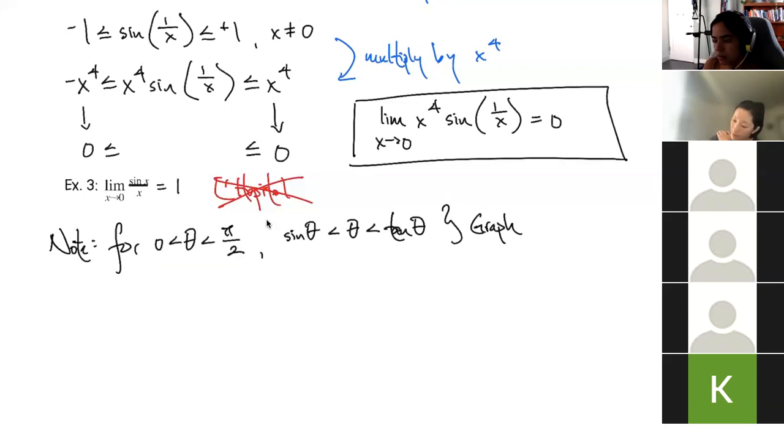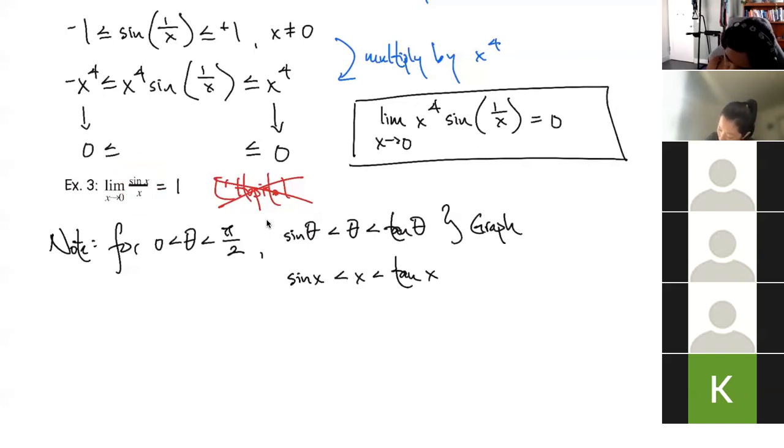But if we have this statement, that's actually where we're going to start. Because we have x's in our problem, I'm going to rewrite this with x's. So sine x is less than x is less than tangent x. Now, I want to start to get something that looks like a fraction, so I'm going to divide through by sine x.